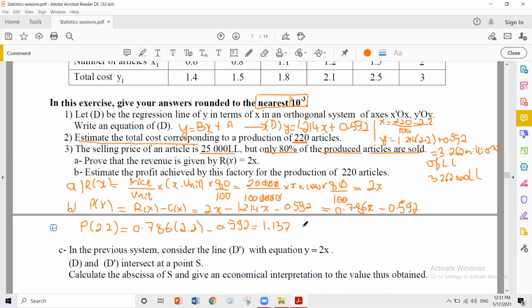No, millions of Lebanese lira. It equals 1,137,000 Lebanese lira.